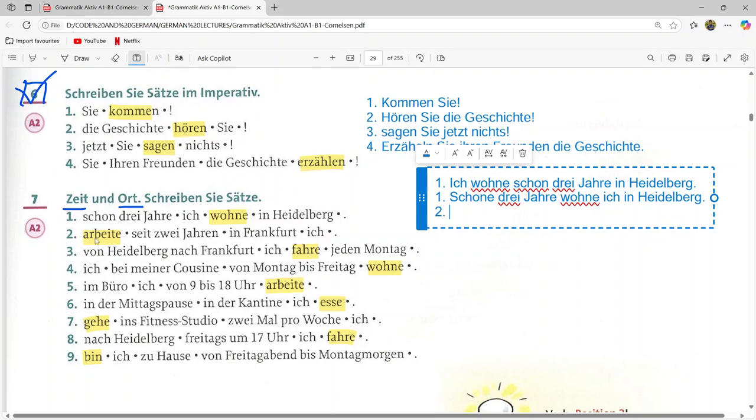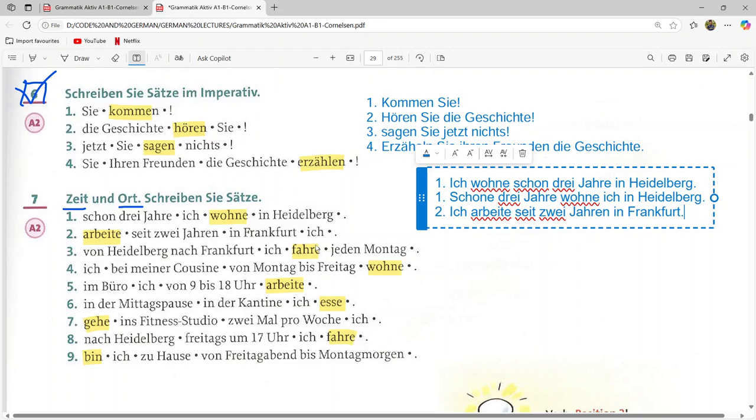Ich arbeite seit 2 Jahren in Frankfurt. So ich arbeite seit 2 Jahren in Frankfurt.